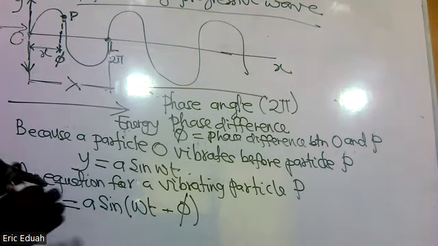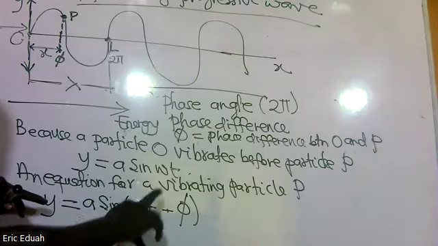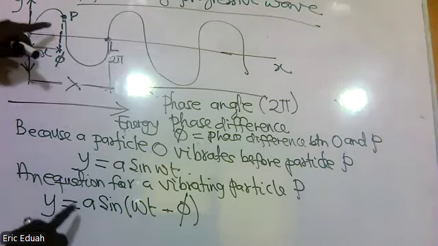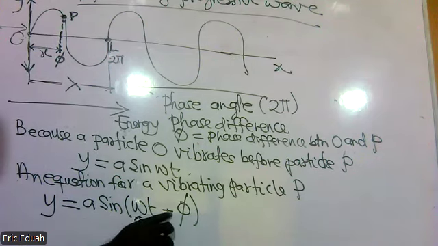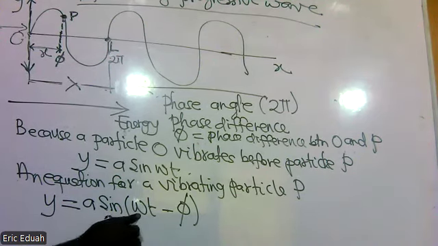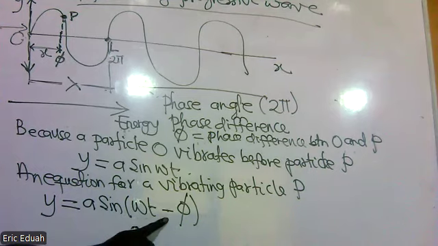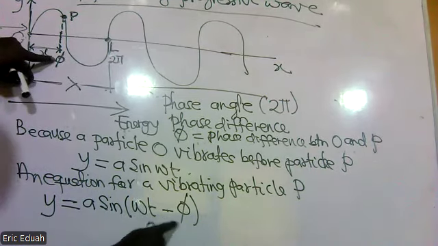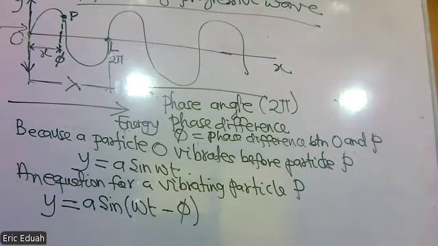So for that matter, the progressive wave equation for particle P becomes the phase angle of O minus the phase angle of P. All right, so that's the basic thing.